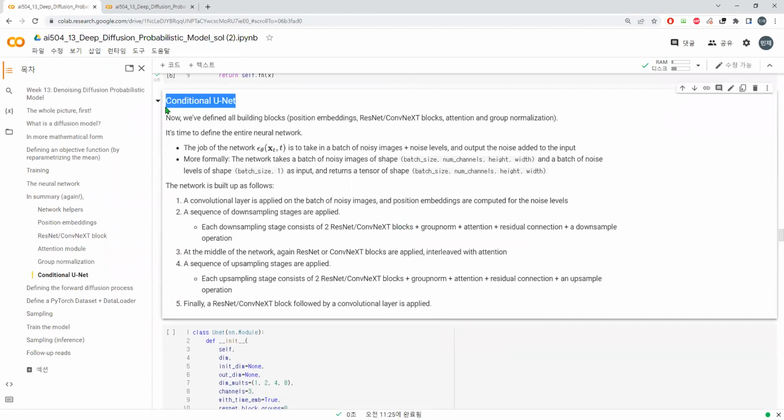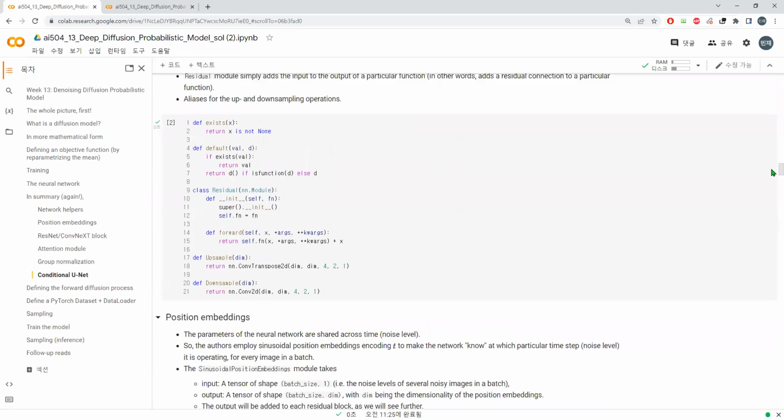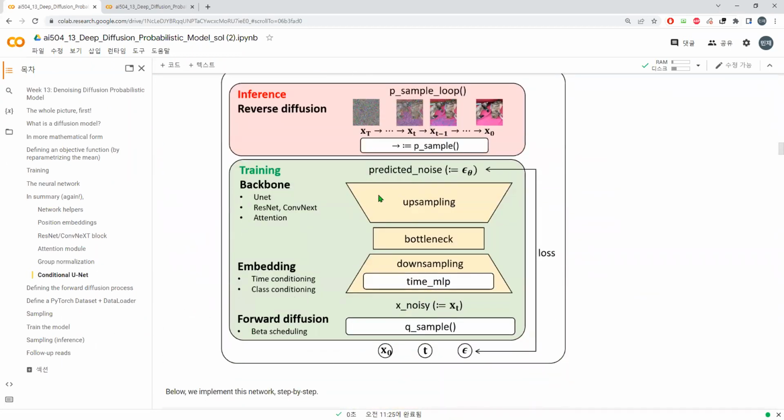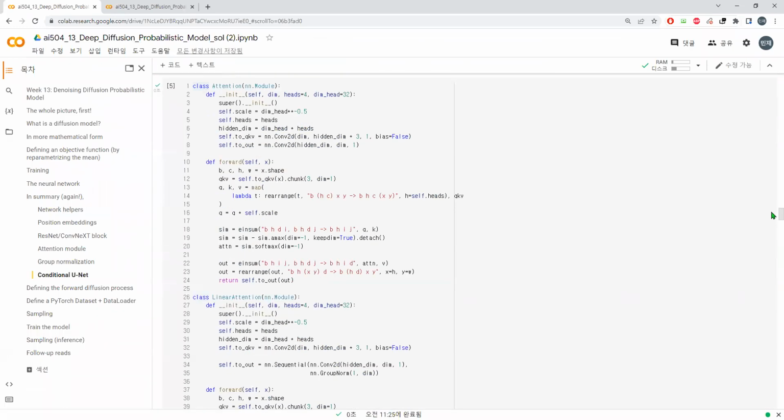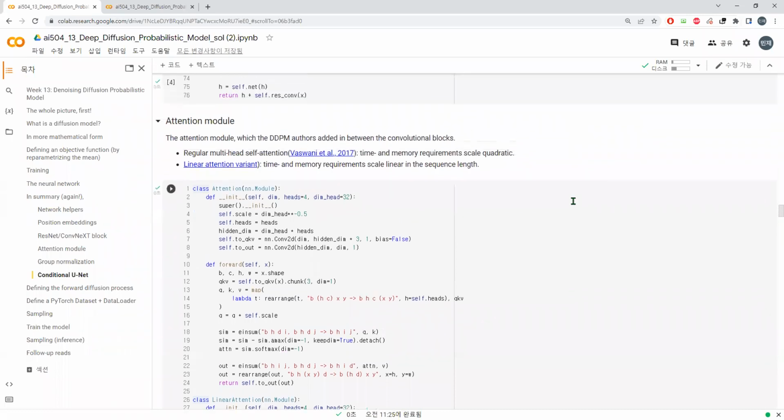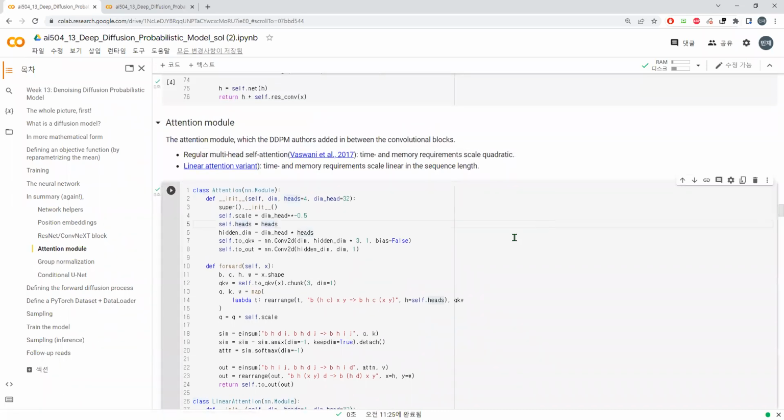This is the conditional UNet, which is employed in our DDPM scheme, shaded in yellow. But UNet is not the novelty of the original DDPM paper.